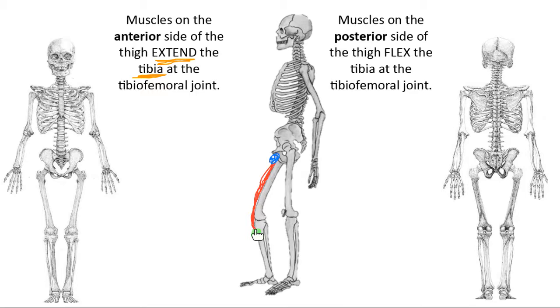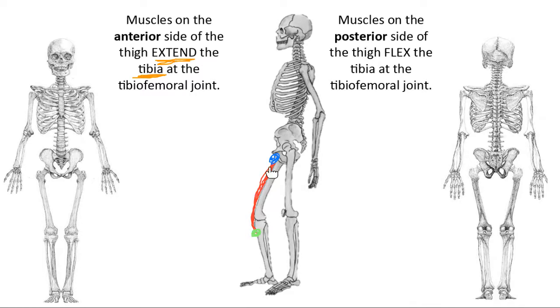When this insertion moves toward this origin, we are pulling the tibia farther away from the femur. When I increase the angle, that's what extension means. When I increase the angle at a joint, I am doing the process of extension, pulling the tibia forward, pulling it away from the femur where it likes to be close to. That's the process of extension.